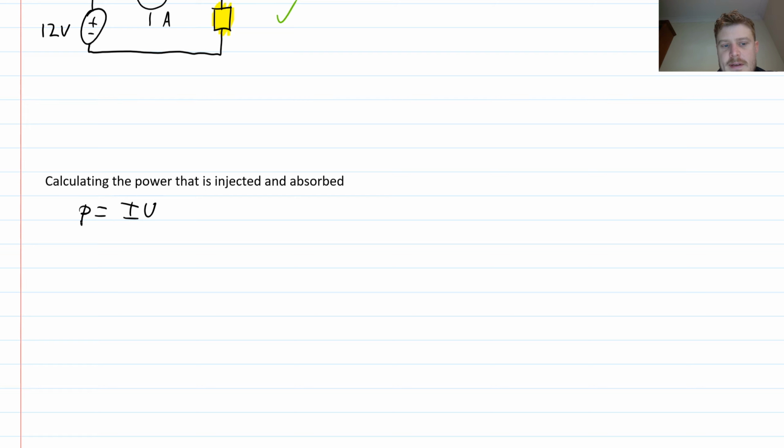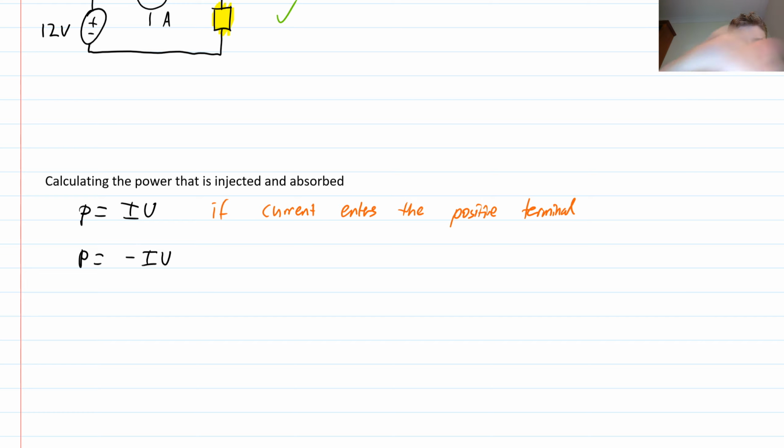So we use the positive case by the passive sign convention if the current enters the positive terminal, so this is the same as last week, and we use the negative case if the current enters the negative terminal.